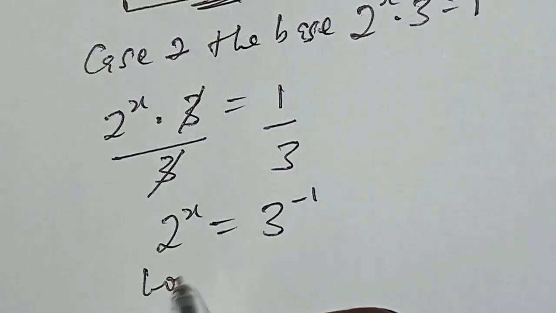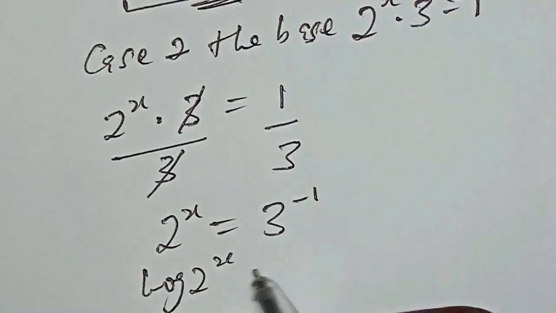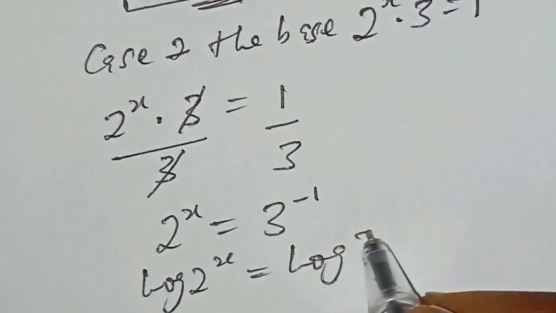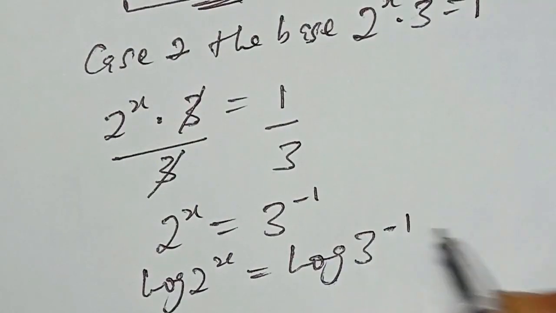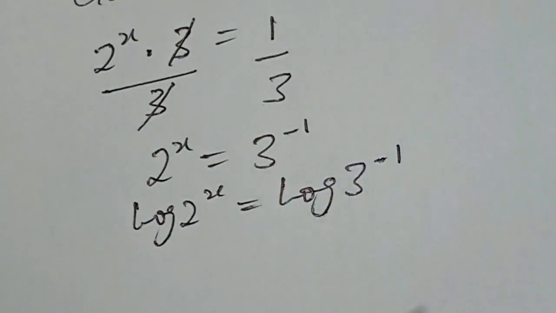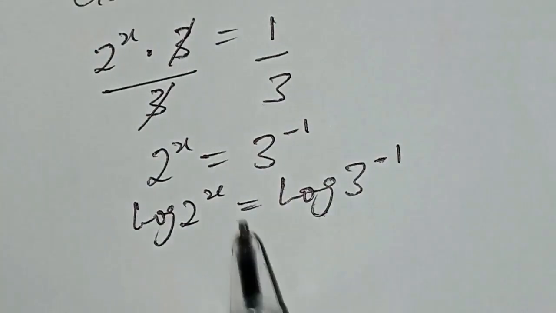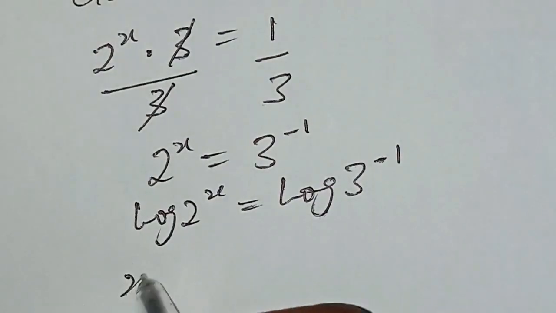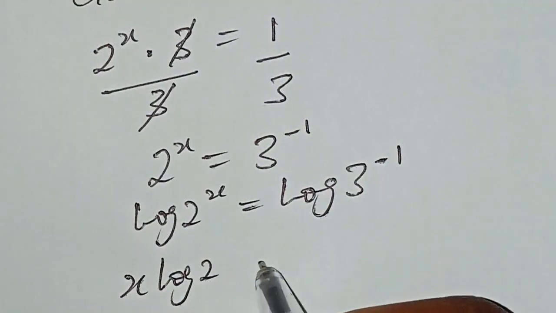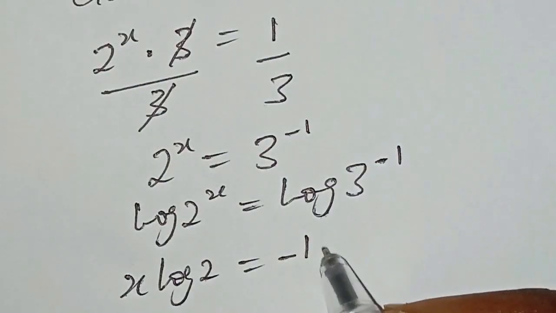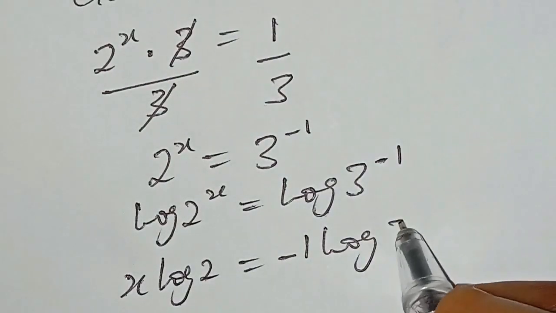So we have log of 2 to the power of x equal to log of 3 to the power of minus 1. So let's bring the exponent down to the front. So we have x log 2 equal to minus 1 log 3.